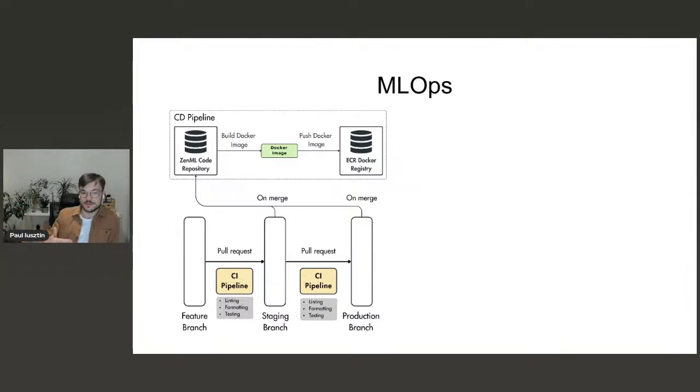To do that, you first create a pull request, which will automatically trigger linting, formatting, and testing. Formatting checks how you write your code, and linting can check for bugs which can be detected at the syntax level.